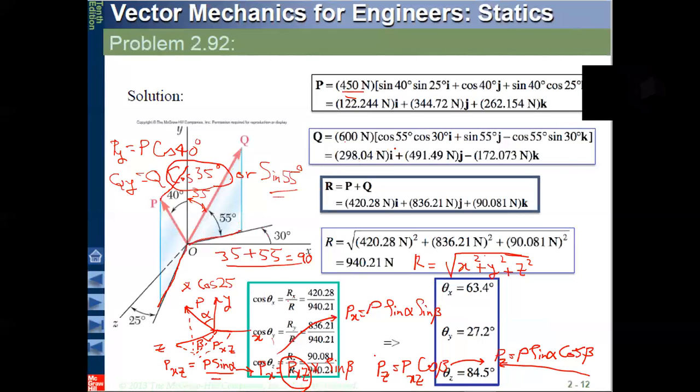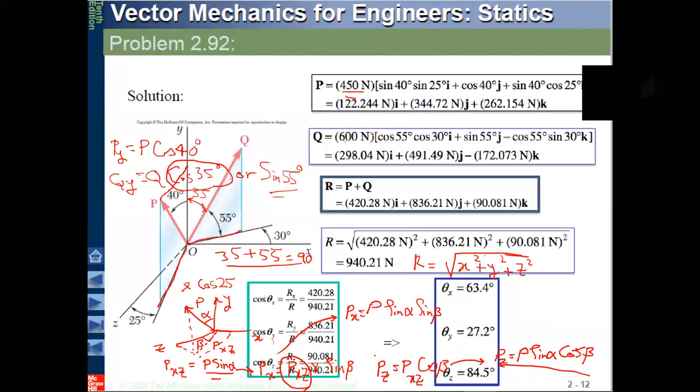And if you multiply Q by cosine of 55, you will get the projection of this vector on the xz plane. And if you multiply this projection by sine of 30, you will get the component in the z direction. And if you multiply it by cosine of 30, you will get the component in the x direction.